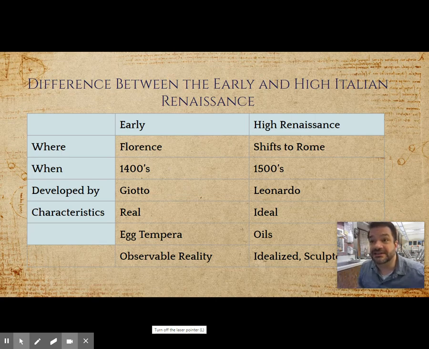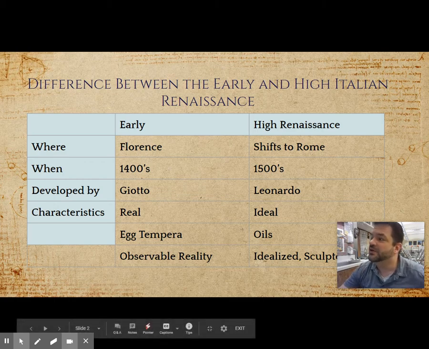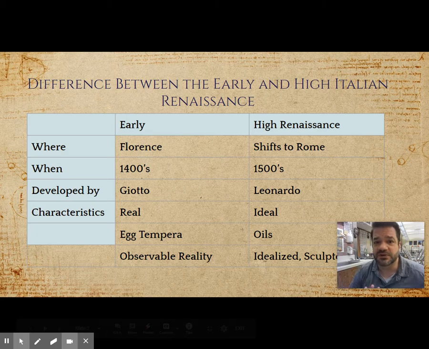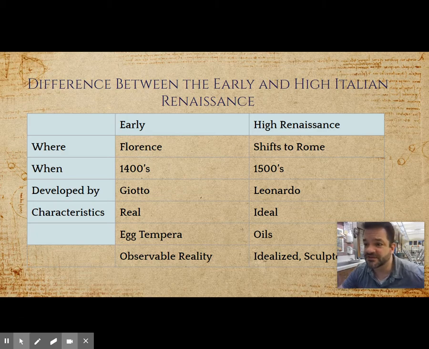So the patronage is going to shift to Rome because there's the next biggest center of people with money. And the most people with money now are within the Catholic Church itself. So that's why it's going to shift from Florence to Rome here in the 1500s.